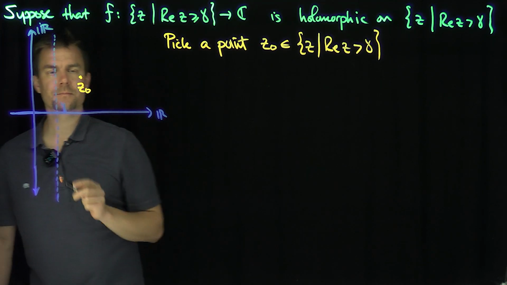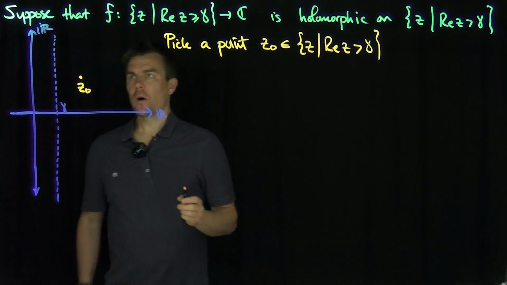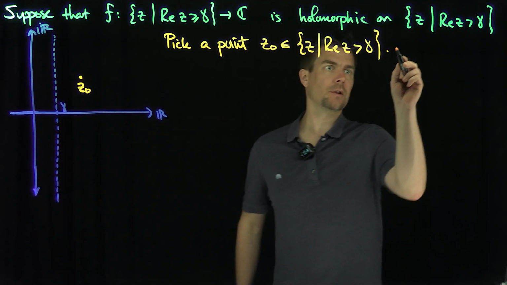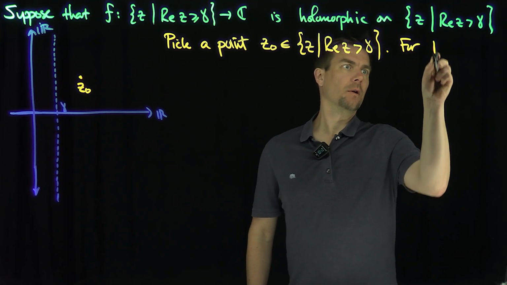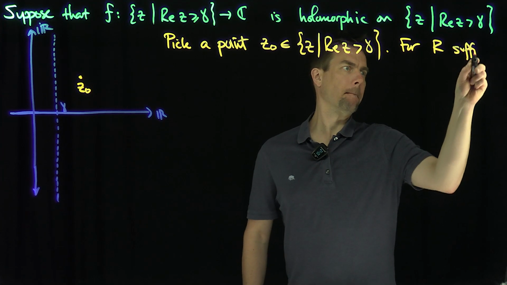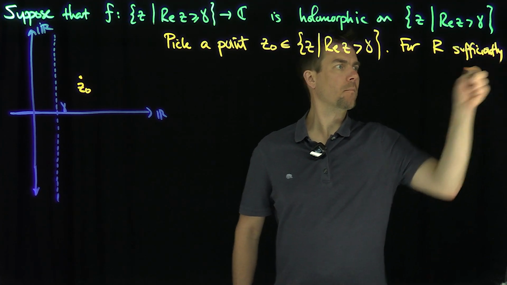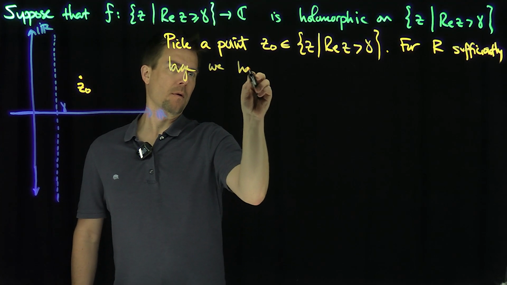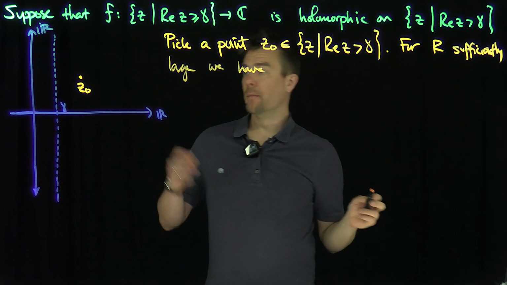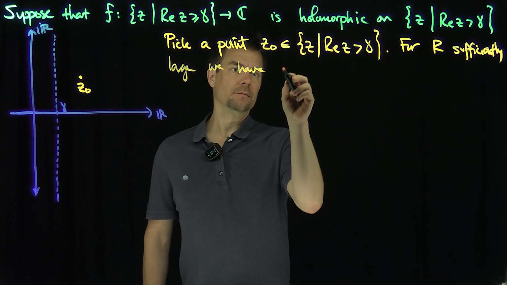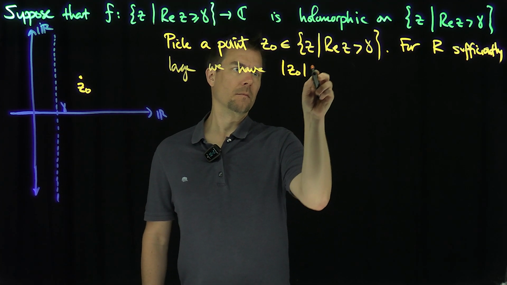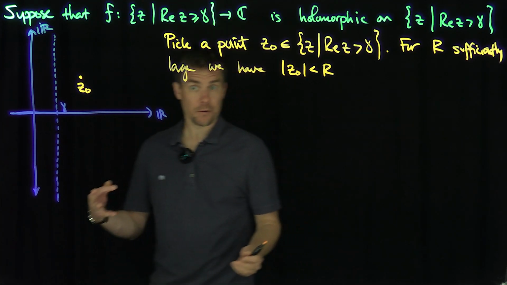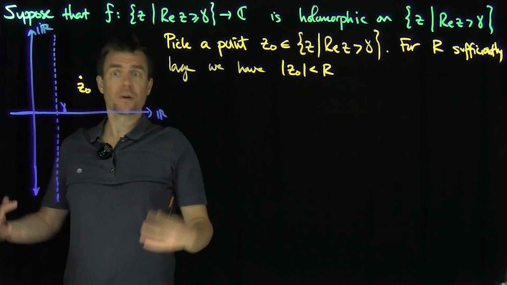There's z0. And now for r sufficiently large, we have that the modulus of z0 is less than r. So z0 is in some humongous circle centered at the origin.